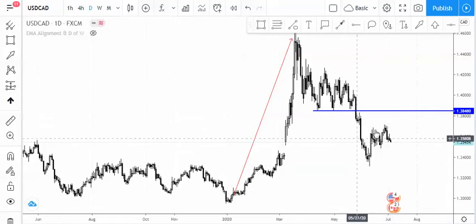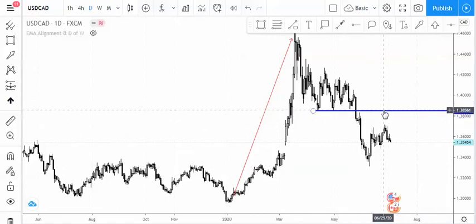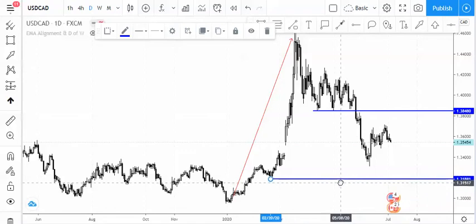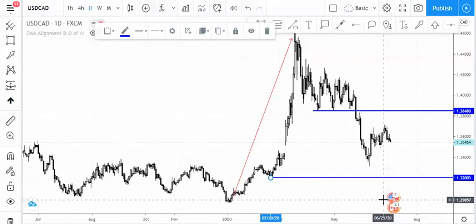The other area that I want to look at is down here, around the 132 area, as a potential other boundary.